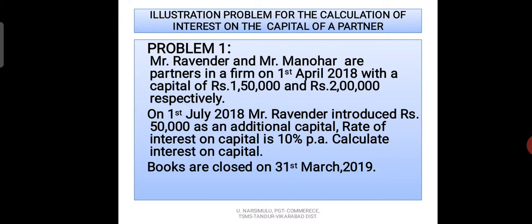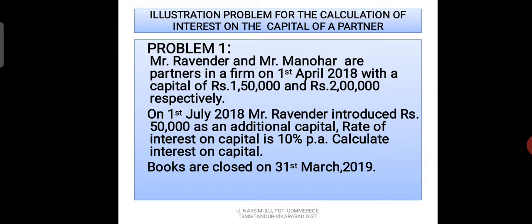And Mr. Ravindra on 1st July 2018 given 50,000 rupees as additional capital, and the closing date of accounts is 31st March 2019. So accounts begin on 1st April 2018 and closed on 31st March.